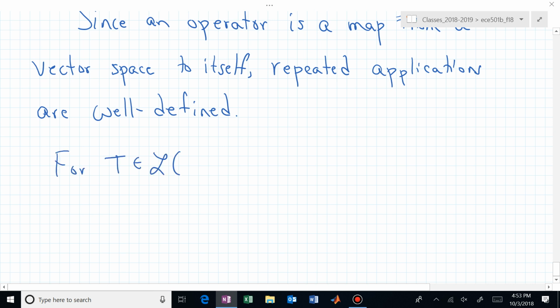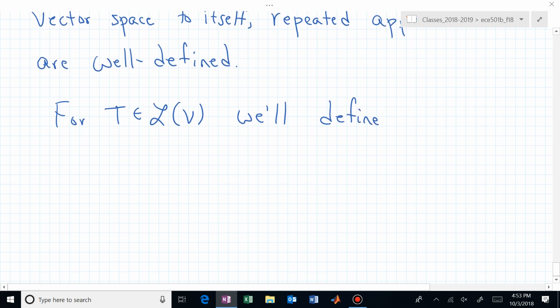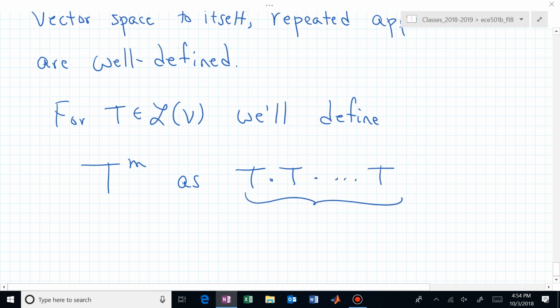So if T now is this linear operator on V, we will define T to the power m as T times T, m times. That's what we mean by the mth power of an operator.